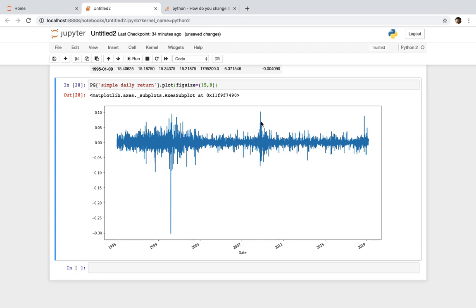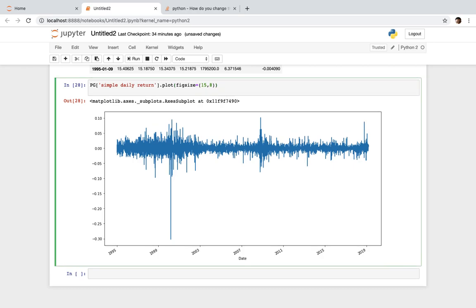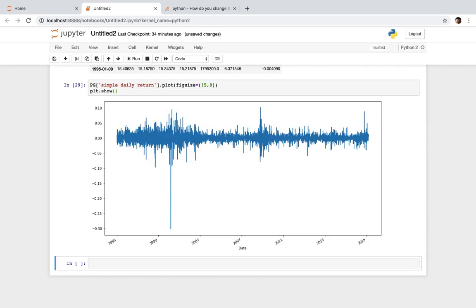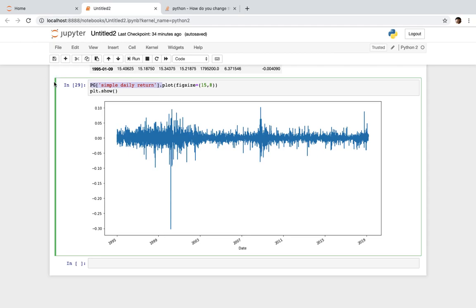There was also a lot of volatility in 2010, probably the crisis. So this is the daily stock return. If for any reason the graph doesn't appear, plt.show. If it appears, fine. There are other things you can use.